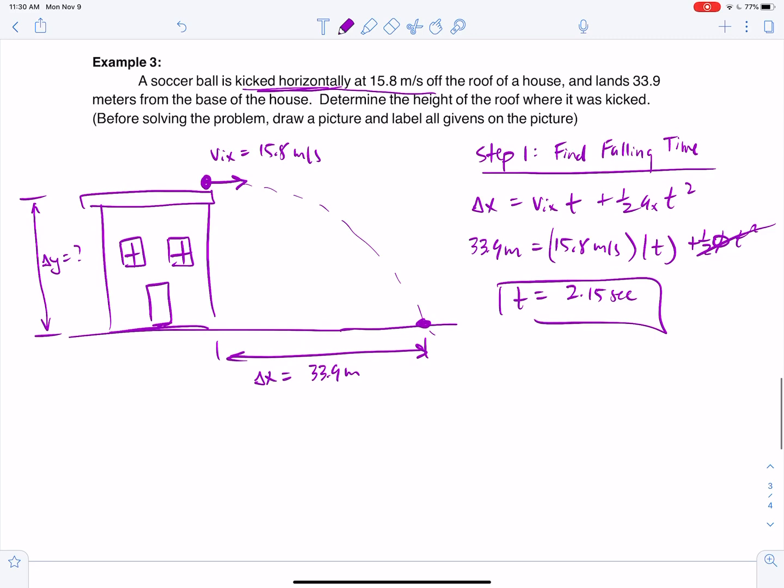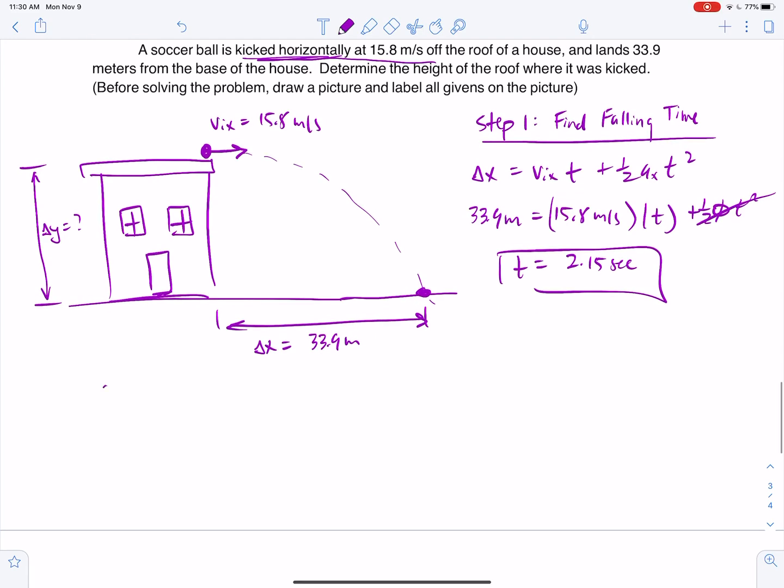But now that we have the time, right, this is the time when the ball reaches the ground here. Now that we have the time, step 2, this is where we can find the height. So let's use this relationship.